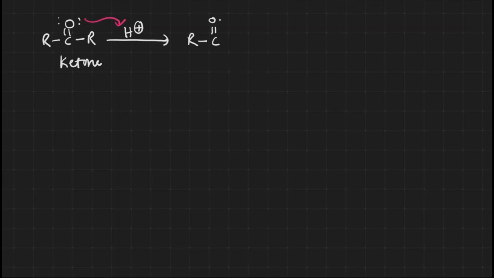R, C double bond O, H, and plus, R. Now oxygen with three bonds is unstable, and with positive charge it is also unstable. What happens now? Shifting of electrons takes place towards the oxygen. After shifting of electrons, carbon gets the positive charge: R, O, H, R.